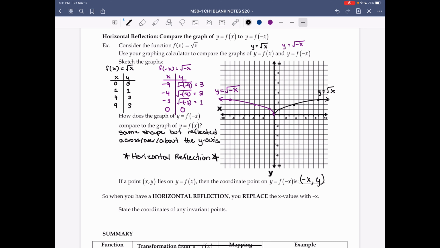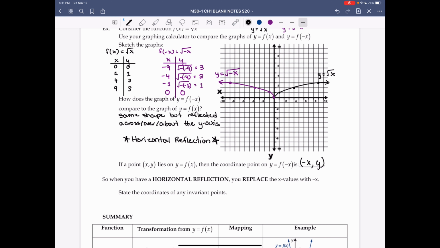State the coordinates of any invariant points. What point was the same before and after the reflection? That would be the point 0, 0. 0, 0 is the same before and after the reflection.